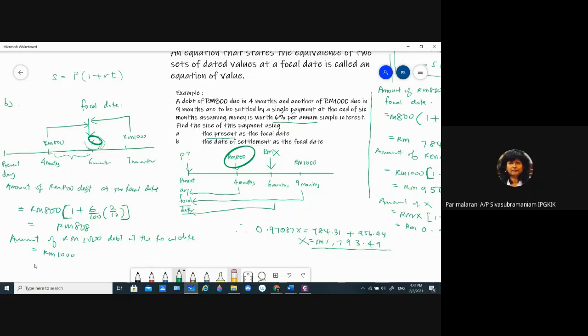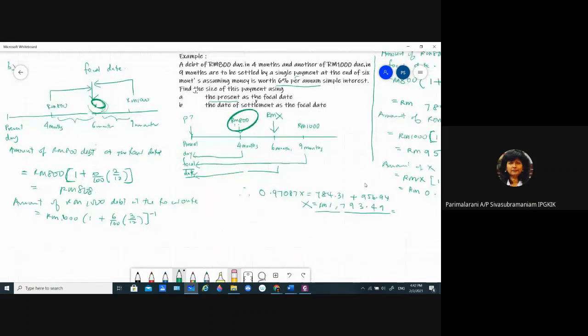This is 1000 into 1 plus 6 over 100. How many months from here to here? 3 over 12, to the power of -1. So we get here 985 ringgit and 22 cents. We add those two together, we get X.